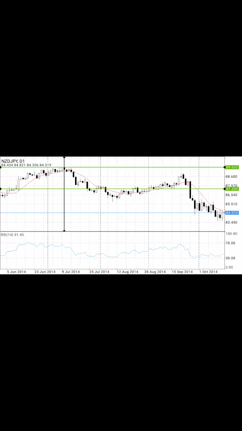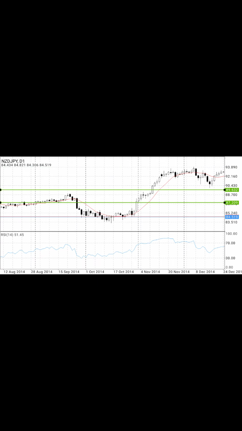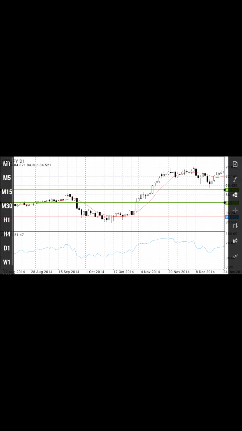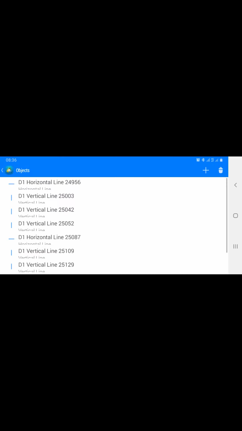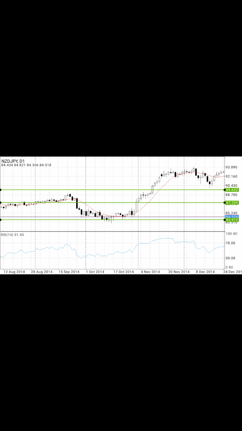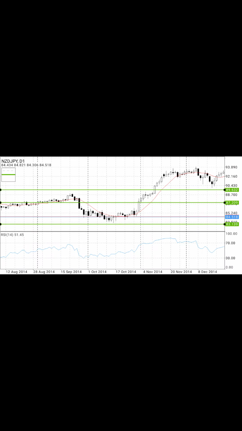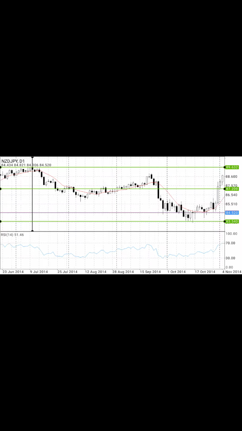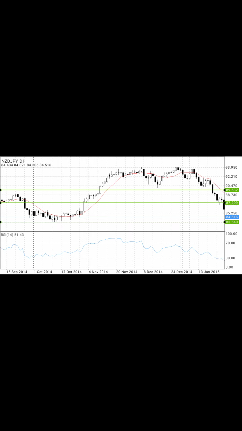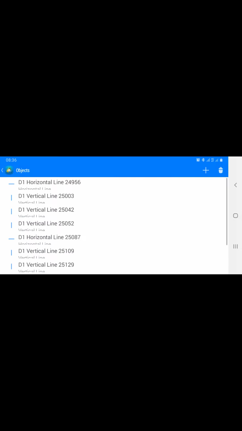So price broke below, established a new support right here. That's a new support, which was the basis for this bullish right here. Let me highlight that trend.